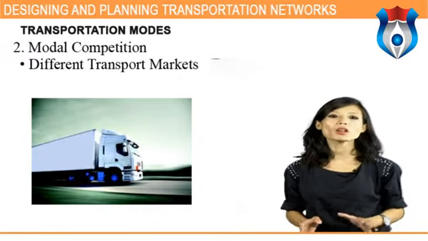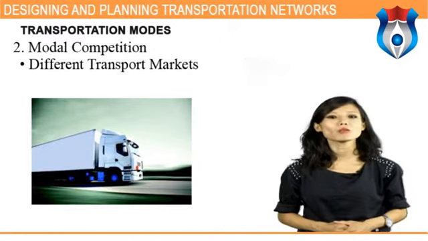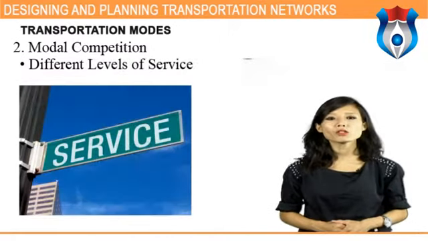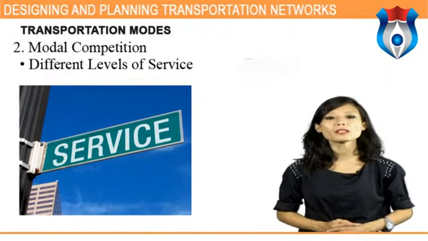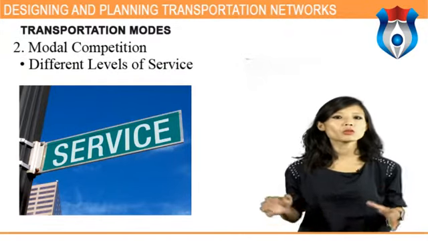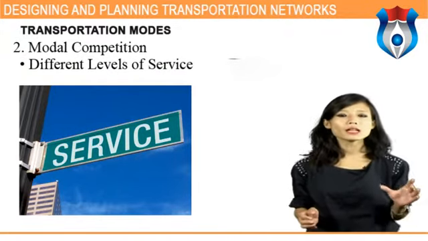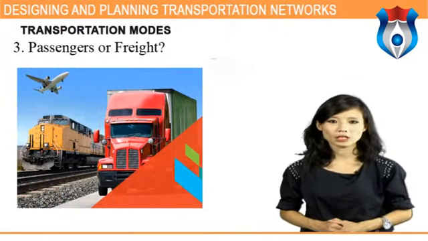Even if the same market area is serviced, it may not be equally accessible depending on the mode used. Different levels of service. For a similar market and accessibility, two modes that offer a different level of service will tend to complement one another. The most prevailing complementarity concerns cost versus time, passenger or freight.